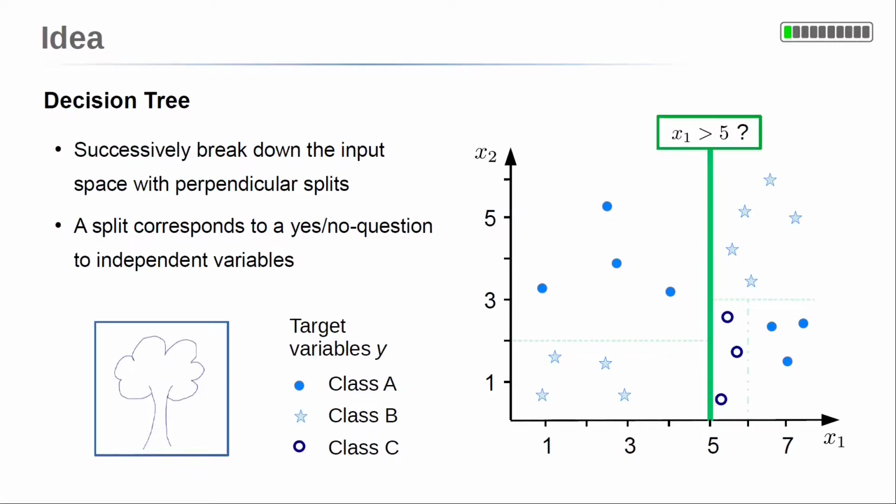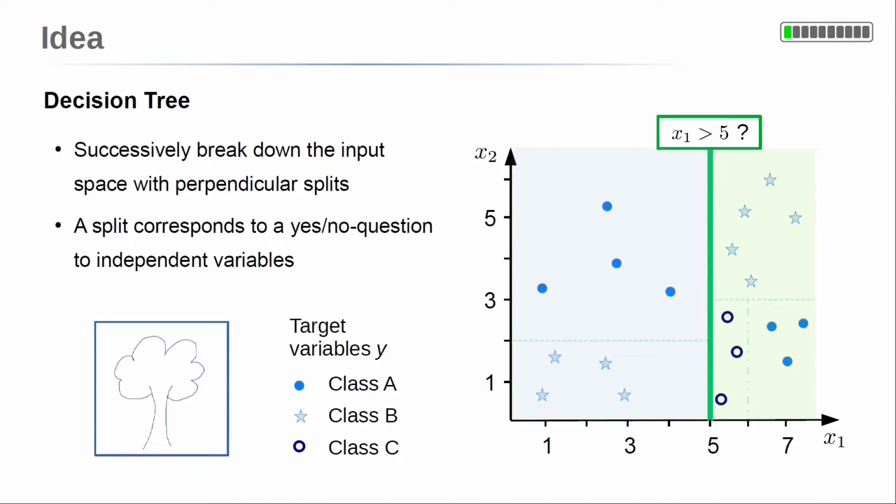Therefore, the decision tree answers yes/no questions to the independent variables x1 and x2. For example, such a question can be: is the value of the variable x1 greater than 5 or not? This question splits the input space into two halves.